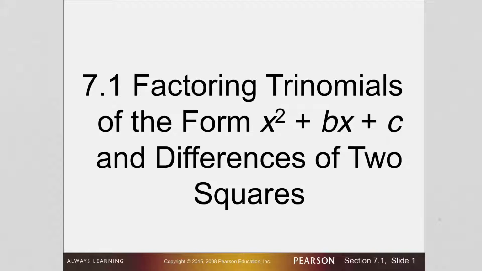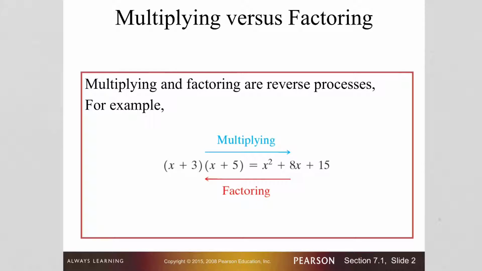Alright, so now we're starting a new section, and we are factoring trinomials of the form x squared plus bx plus c, and the difference of two squares. Okay, so what factoring means is it is undoing the multiplication process.